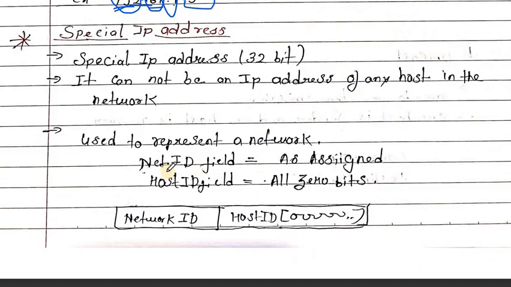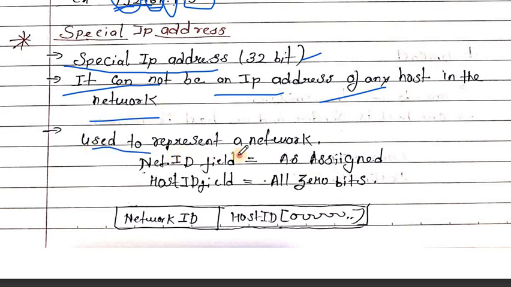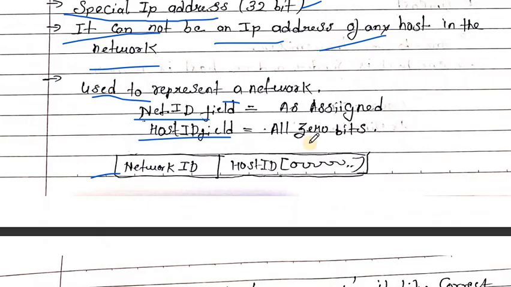Now, what is a special IP address? A special IP address of 32 bits cannot be the IP address of any host in the network. Here are some special IP addresses which cannot be used by any host. One is used to represent a network. Here the network ID and host ID fields are used, the network ID assigned by IANA or an internet provider.